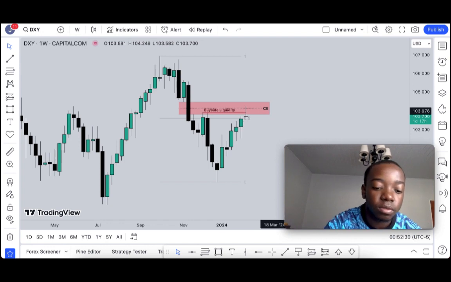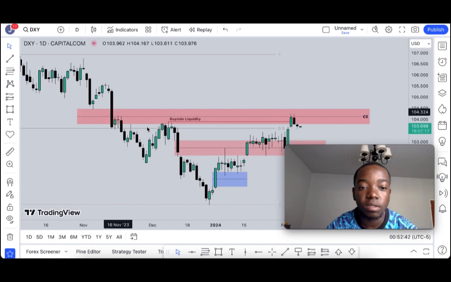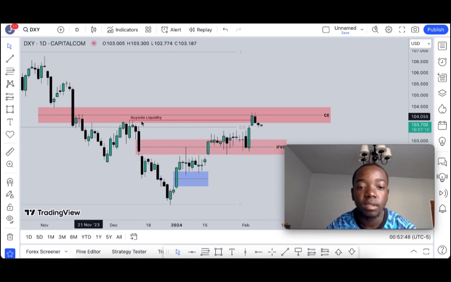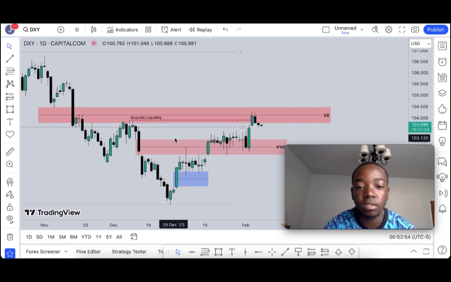So dropping down to a daily time frame, this is our weekly fair value gap that I just highlighted, and we had this swing high in the form of buy side liquidity.